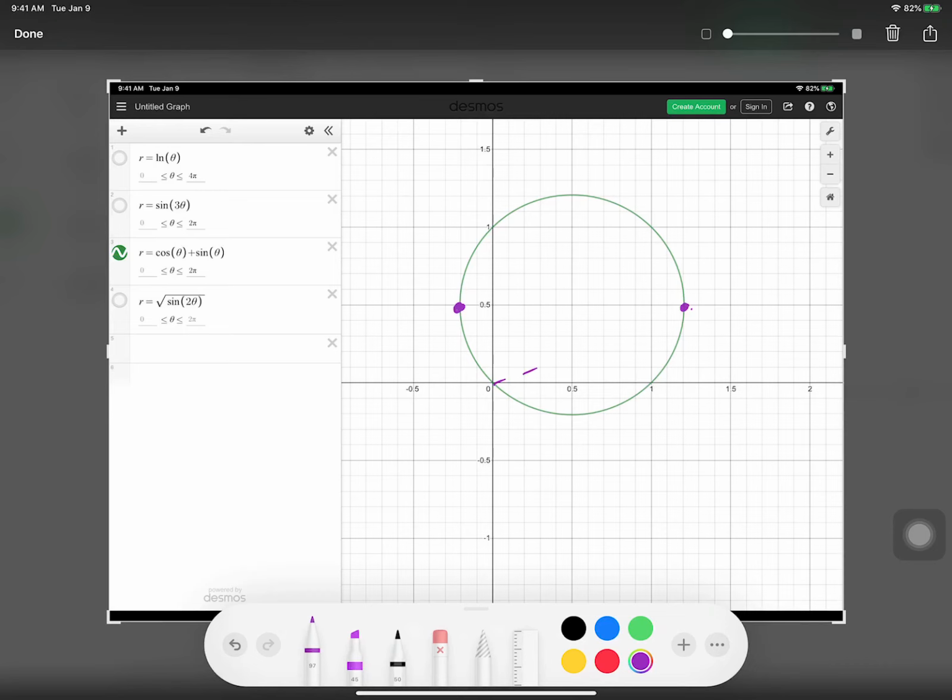Remember, this is the angle theta here. There's another theta. Okay, so theta is 3 pi over 8. Here theta is 7 pi over 8. Remember, this is the location for theta in which we have the horizontal tangents. That's what we just found.